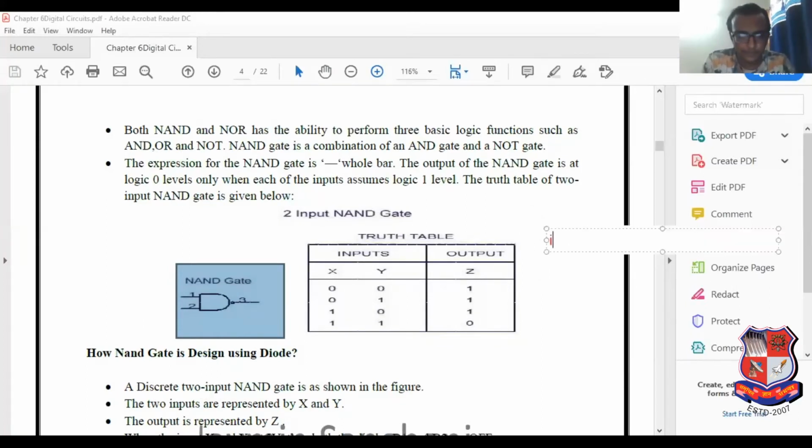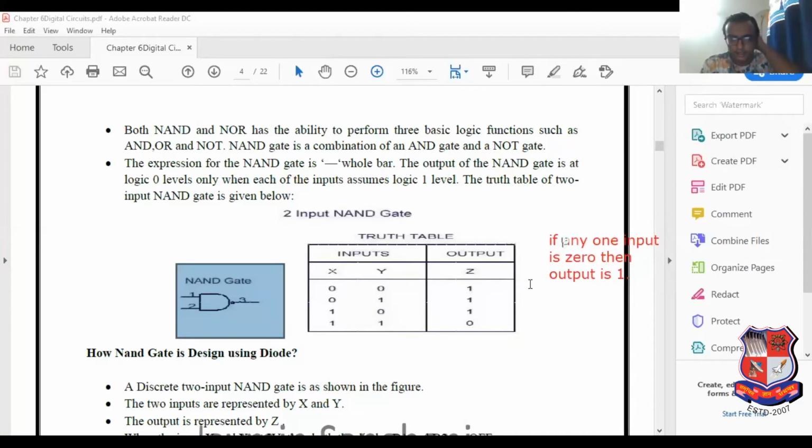If any one input is 0, then the output is 1. It is known as the NAND gate. So it is the fundamental concept of NAND gate.